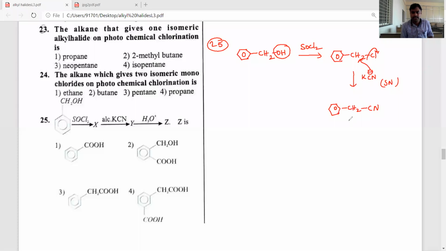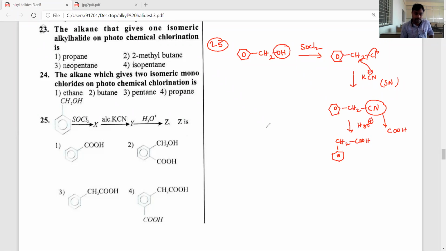On hydrolysis in acidic medium, H3O plus, the CN group is completely hydrolyzed and converted into COOH. So the answer is C6H5CH2COOH, 2-phenyl ethanoic acid.